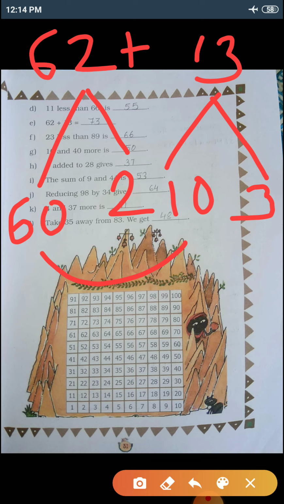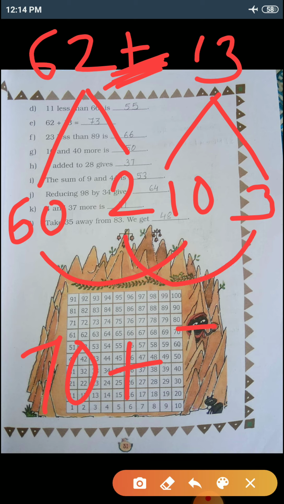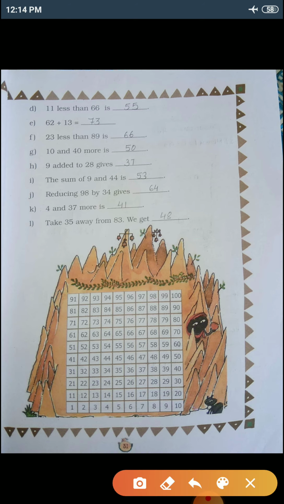Why are we going to add? Because our sum is in addition form. So 60 plus 10 is 70. Put an addition sign. 2 plus 3 is 5. So our answer is 70 plus 5 equals 75. So this method is called the 10 multiplied by 10 grid method.